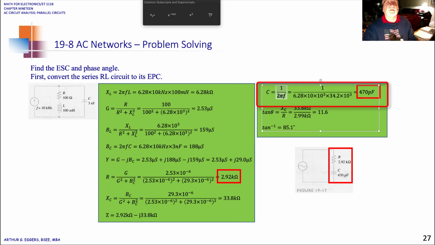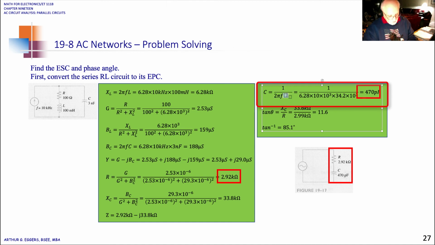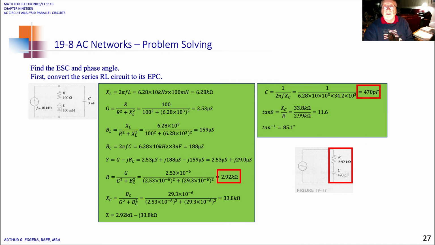We can do it. X sub C. Okay, so now we've got it set up right. Because here our X sub C is down here at 33.8 because we're going to stick it into the relationship. And we get a capacitor value of 470 picofarads. So that's our equivalent there.